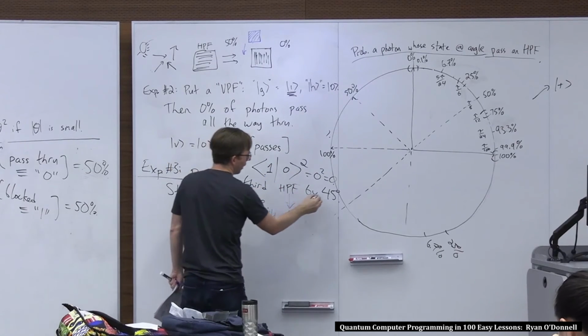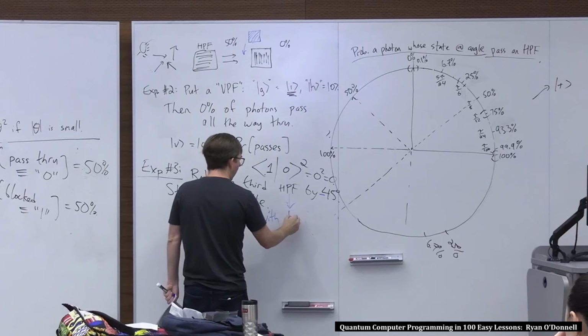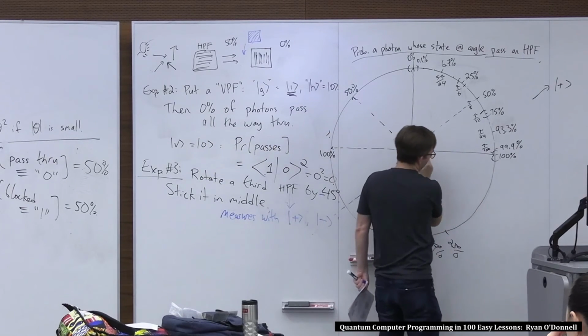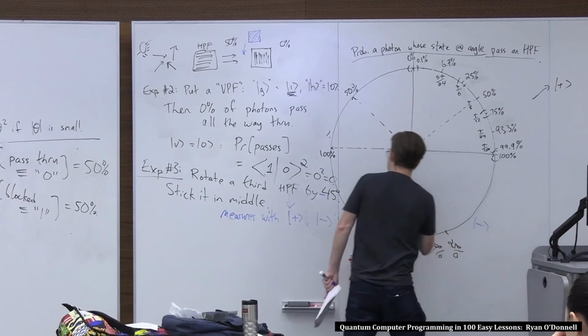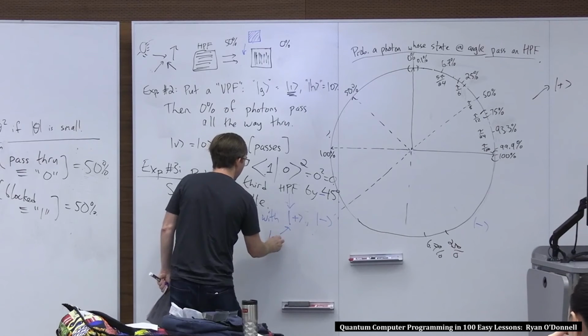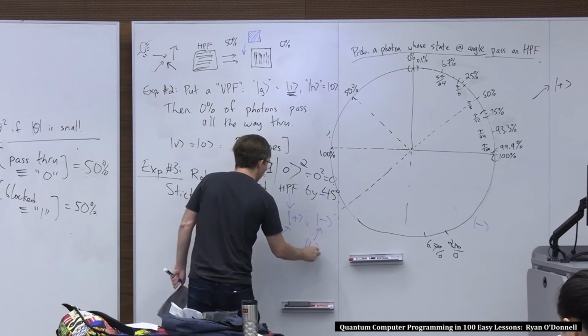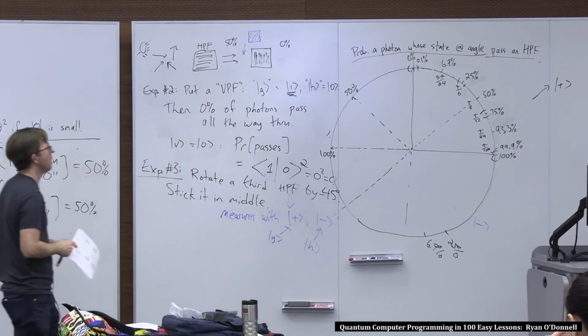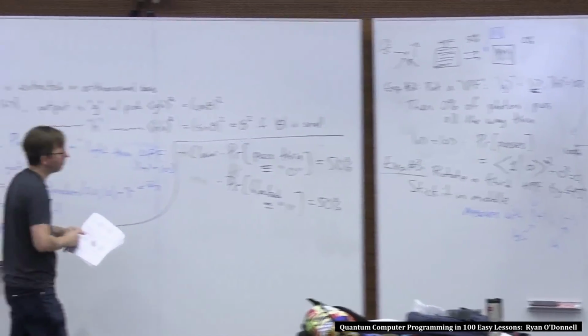Let me say by negative 45 degrees. This is plus, this one is minus. And let's say this one is the G and this one is the H. If you get measurement outcome plus, it goes through. If you get measurement outcome minus, it turns into heat and gets blocked.